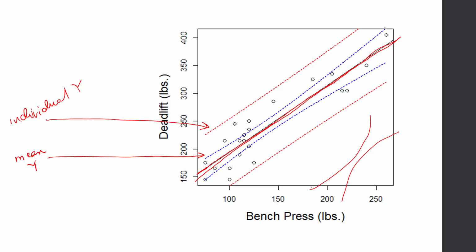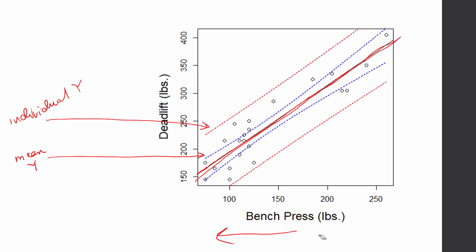The further away you are from the mean X value, the wider the interval is going to get. So the individual Y interval is always going to be wider, but then the further away that you get from the mean X value, from the mean bench press, so the further out this direction, your intervals are going to get wider in general anyway.